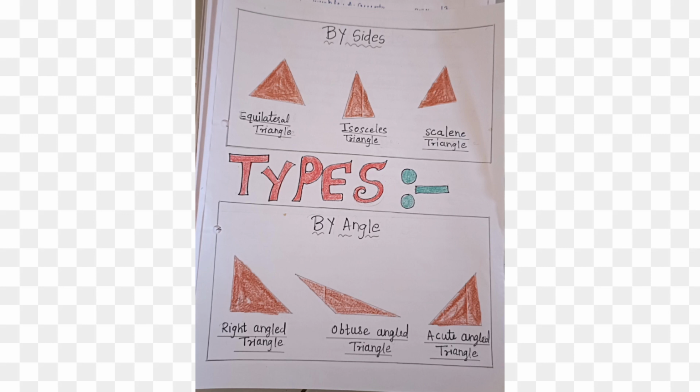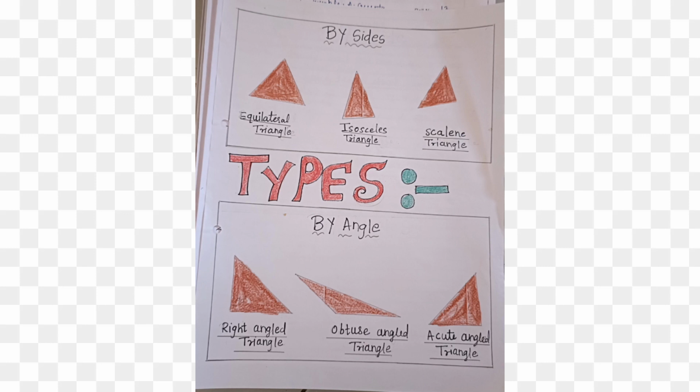So if you see that an angle of the triangle measures 90 degrees, you should understand that it is a right angle triangle, as the name also tells us that it has a right angle in it.